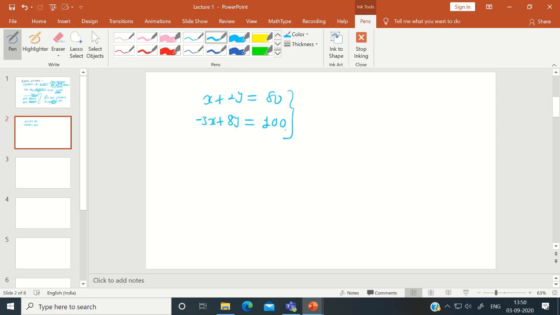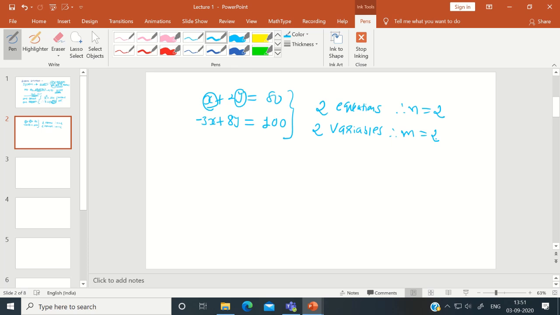Now this system consists of how many equations? Two equations, that is m is equal to 2. And how many variables are there? There are two variables, x and y, so n is also equal to 2.